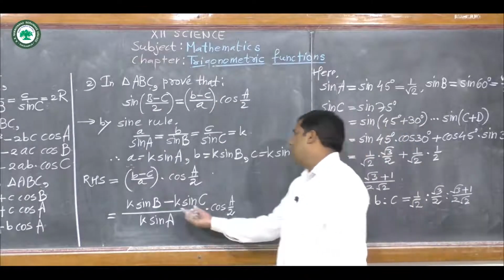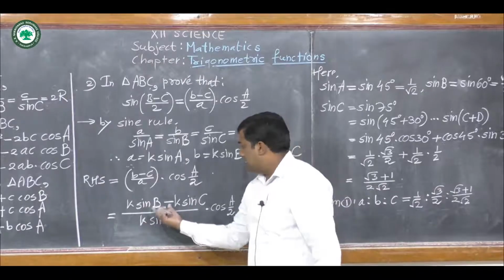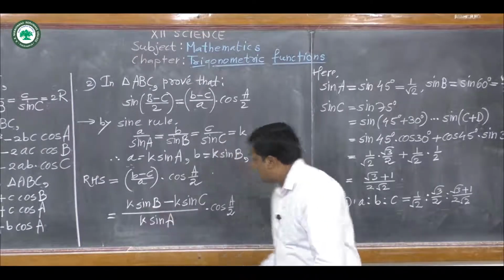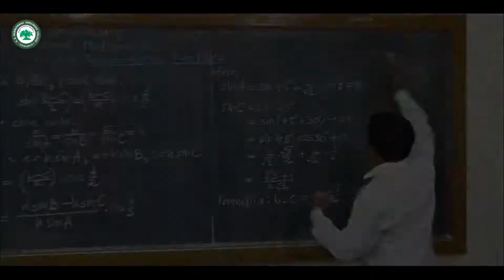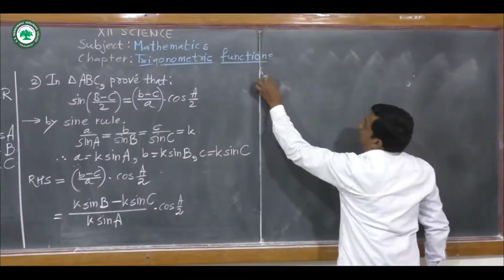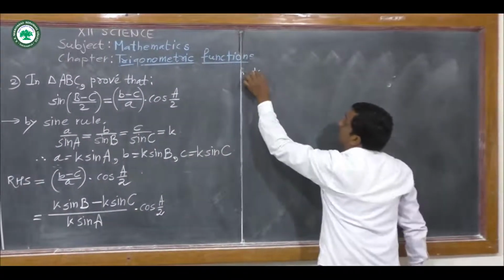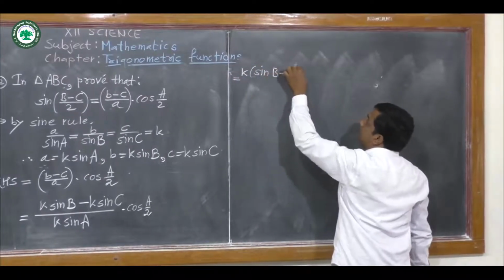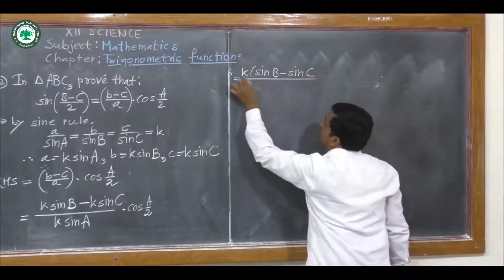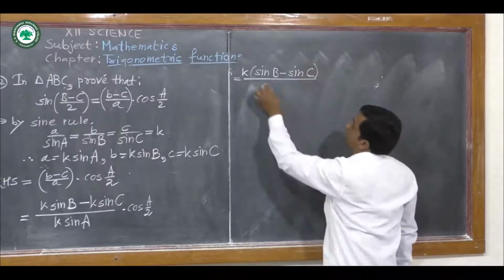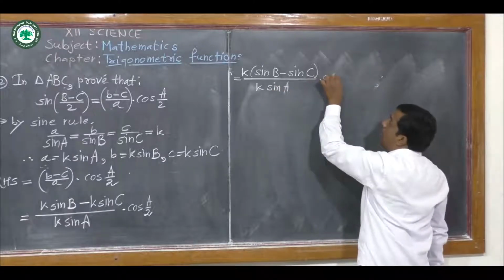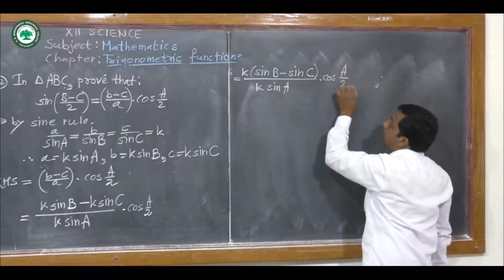Now from the numerator we consider k as common. So this RHS is equal to k common, inside the bracket sine B minus sine C, divided by, in the denominator, k sine A into cos of A by 2.